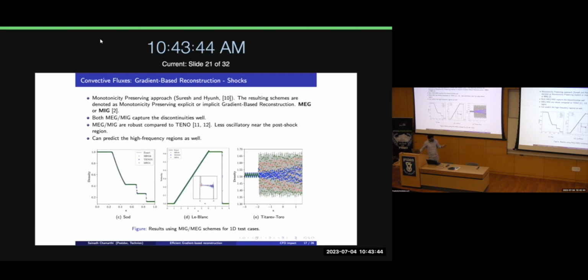And we compared our results with the TENO scheme, which is one of the popular variants of the WENO scheme in the literature. You can see the results for the 1D test cases. The blue dots are given by the TENO scheme, which is not able to preserve the high frequency regions, but the explicit and implicit gradient methods are able to capture these high frequency regions without any issue.